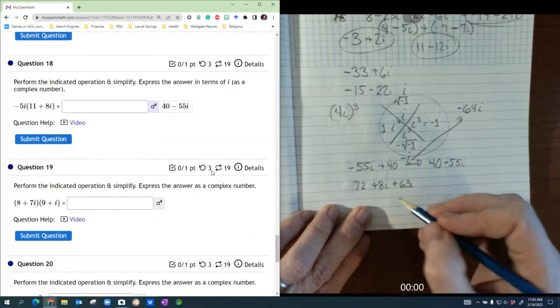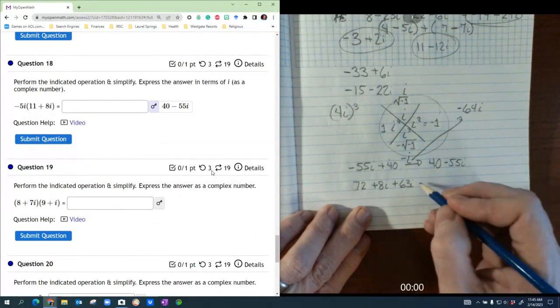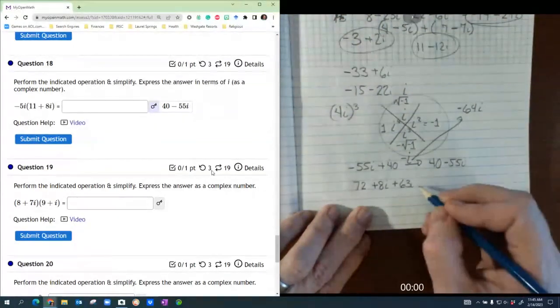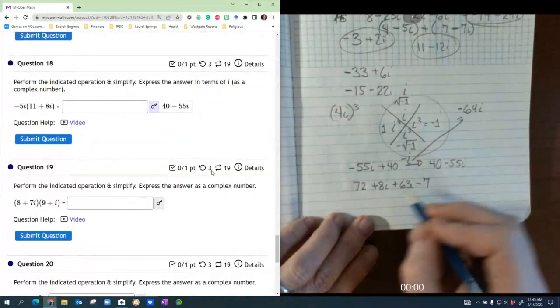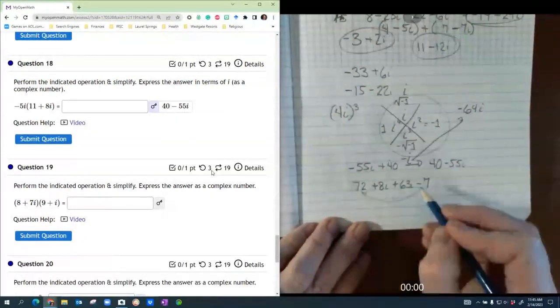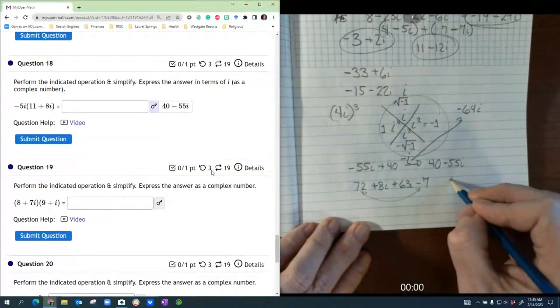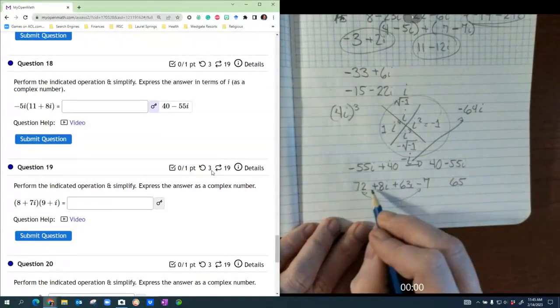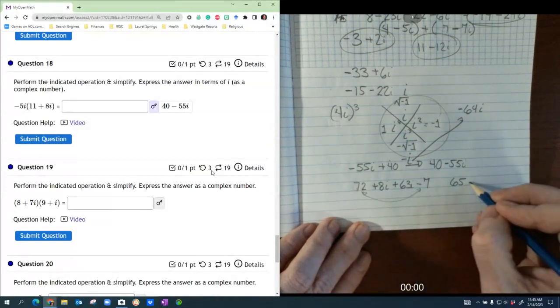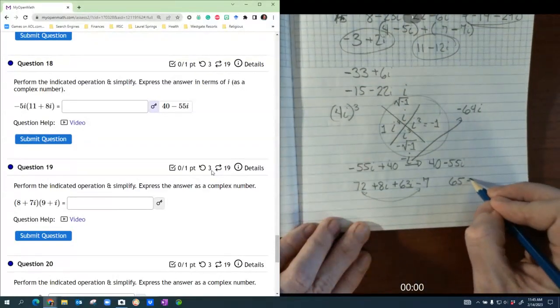And then i times i is negative 1. 7 times 1 is 7, which gives me negative 7. Now I combine these two together. I think it's 72 minus 7, that's going to give us 65. And then I'm going to go ahead and add these two together. That's going to give us 71.